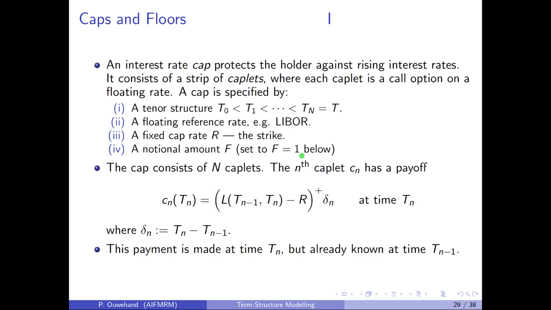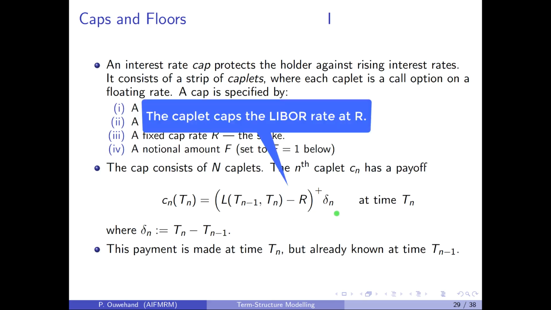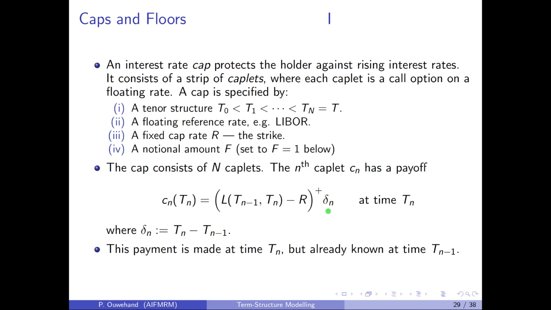A cap therefore consists of n caplets, and the nth caplet, Cn, has a payoff given by the following expression. At time Tn, it pays an amount equal to the spot LIBOR rate at time Tn minus 1, minus the cap rate, times the time interval delta n, provided that this is non-negative. Else it pays 0.